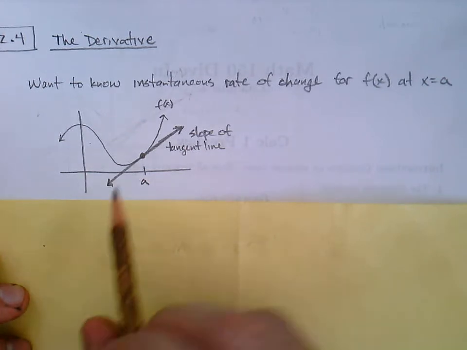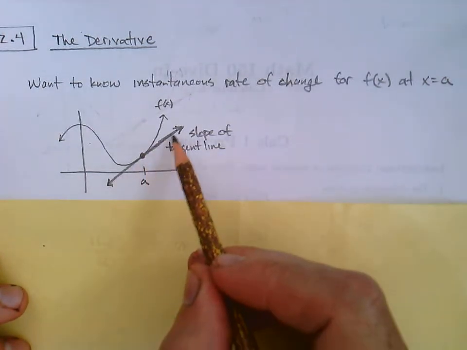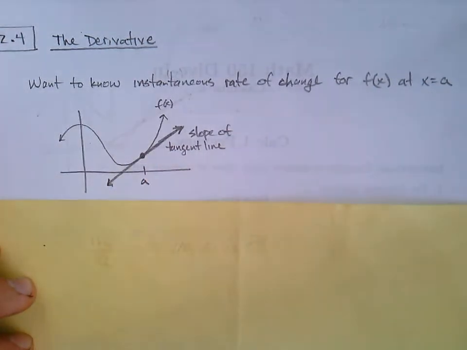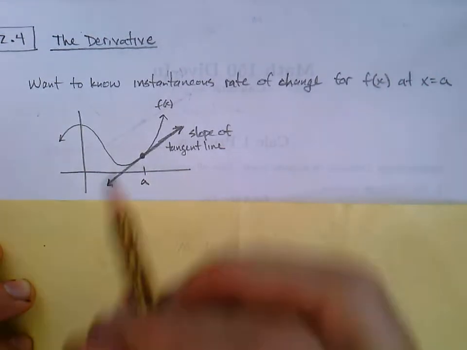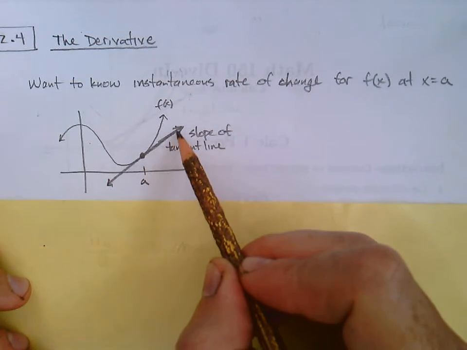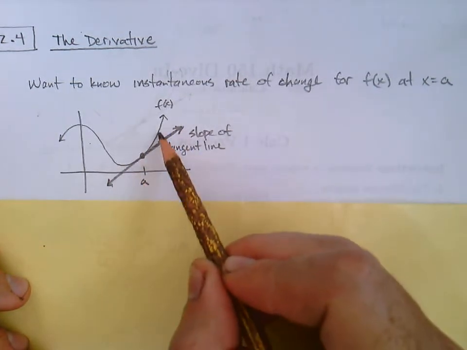The instantaneous rate of change is the slope of what we refer to as the tangent line. So a tangent line, it's kind of tricky to define, but essentially it's the line that moves in the same direction as the function is at that moment.